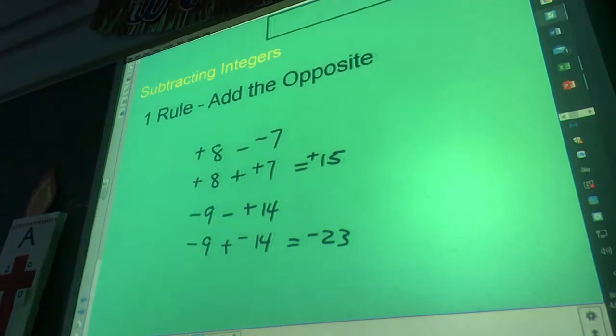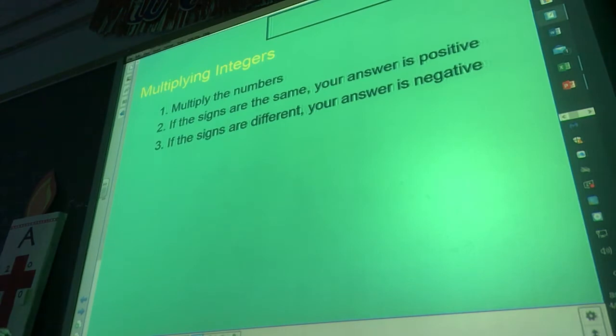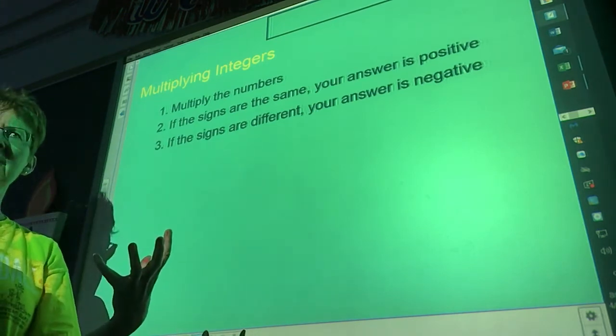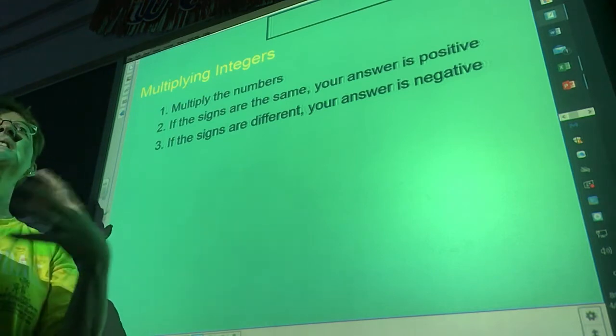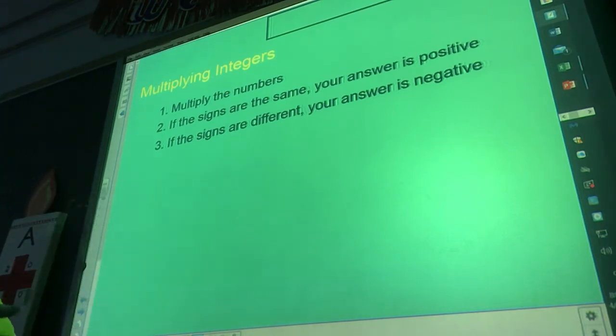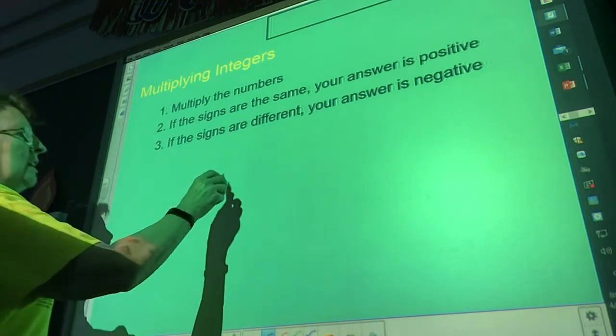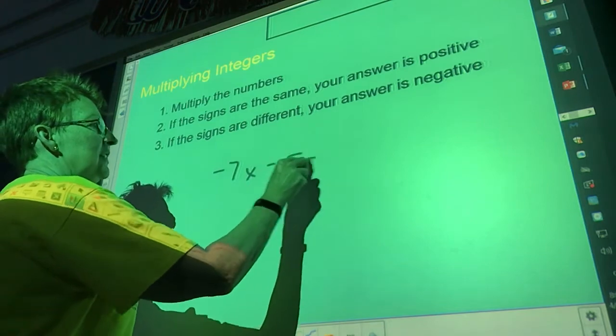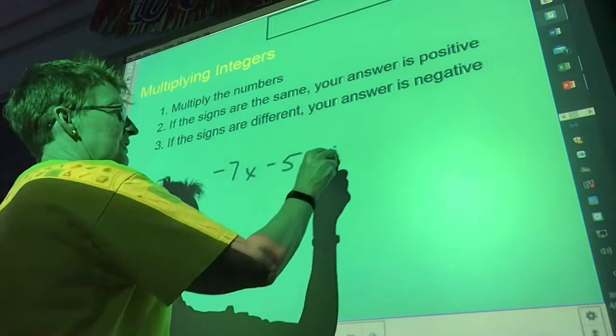All right, multiplication and division are pretty simple. If the signs are the same, you have a positive number. If the signs are different, you're going to have a negative number. So multiply the two numbers, negative 7 times negative 5. 7 times 5 is 35.